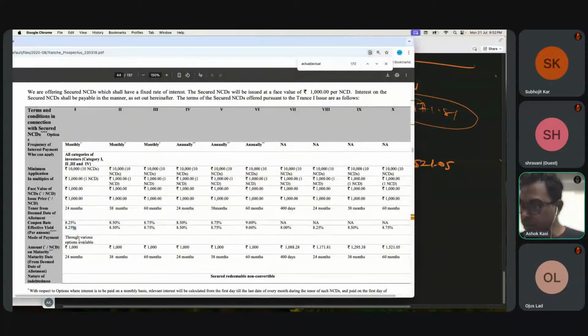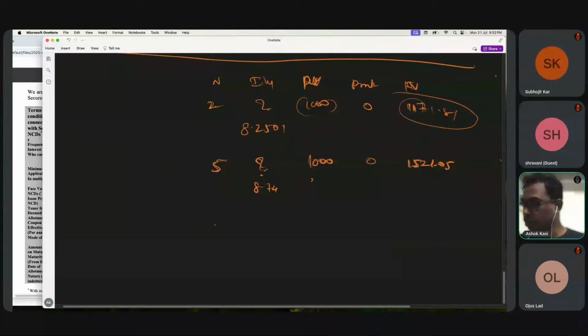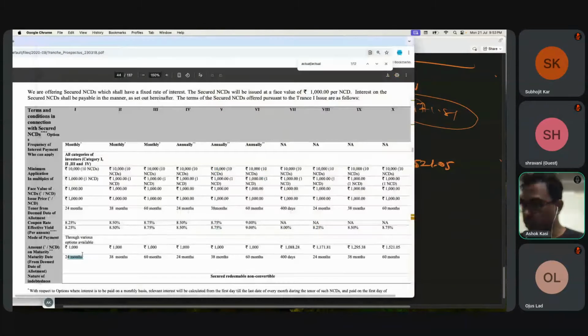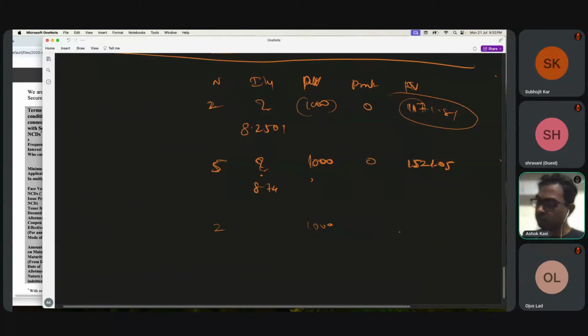This is 24 months, no? 2,000 you will pay. Payment will be 24 months, right? So monthly, it will be 24 times.